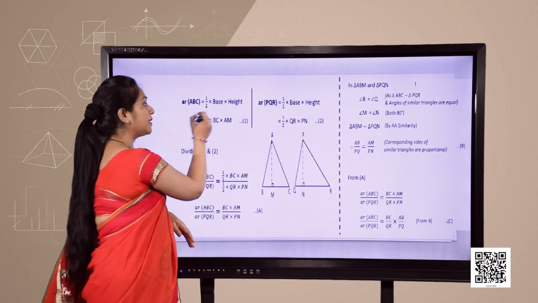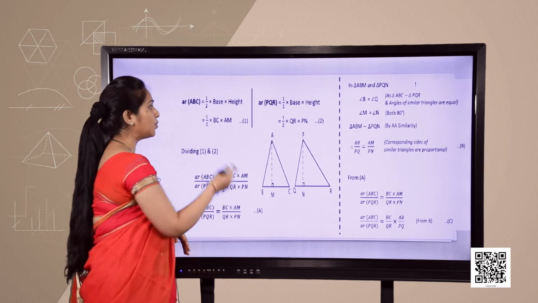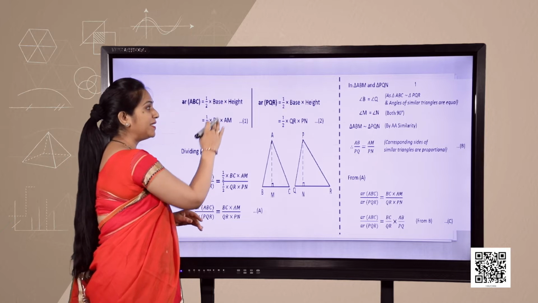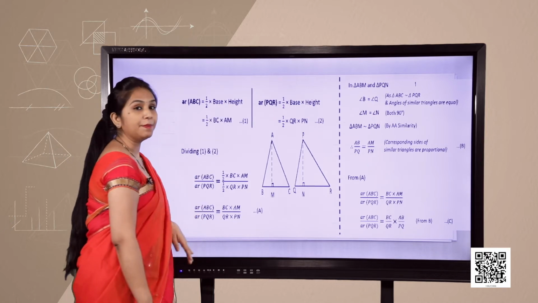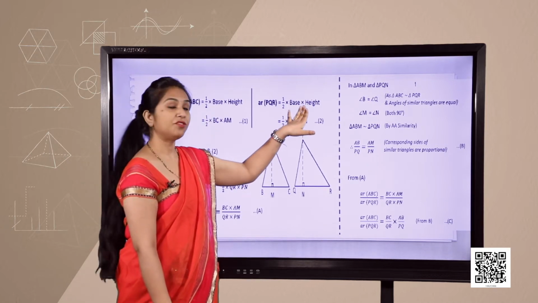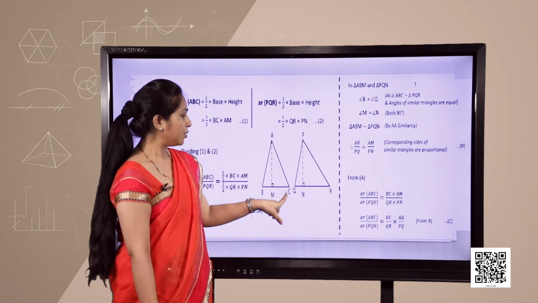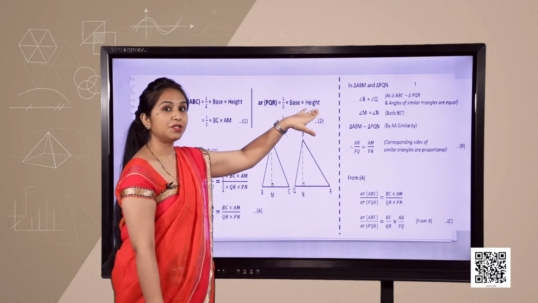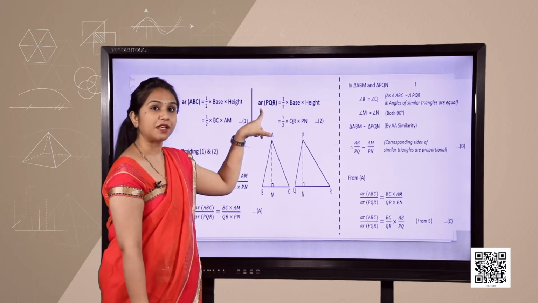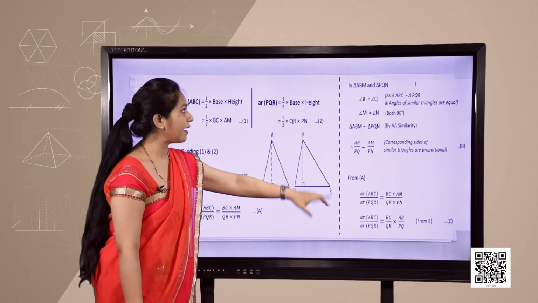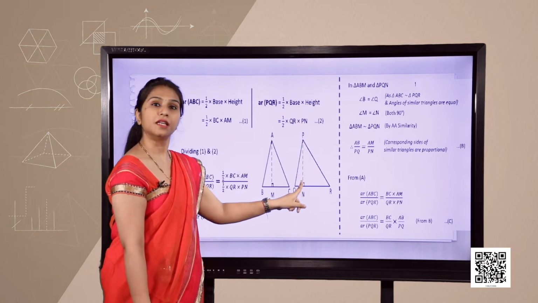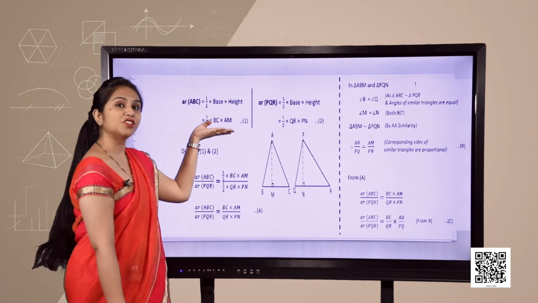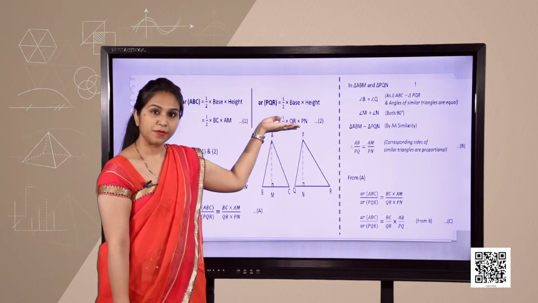So, area of ABC is equal to half into BC into AM. Similarly, for the second triangle PQR, again write the formula half base into height. For this triangle, the base is QR and the height is PN. Say this is your equation number 1 and this is your equation number 2.